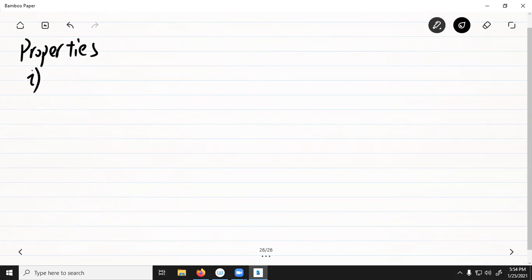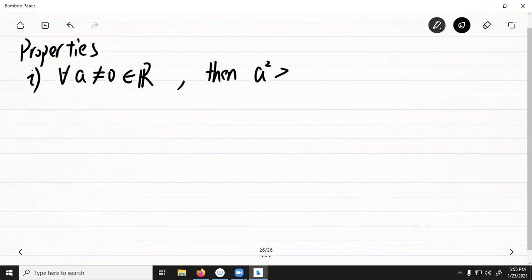The first one, for any A not equal to 0, which is a real number, then A squared is greater than 0. Any non-zero number A, you multiply by itself, it must be greater than 0.